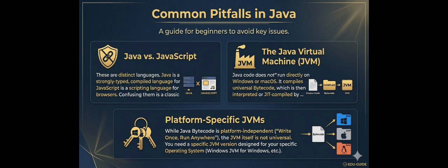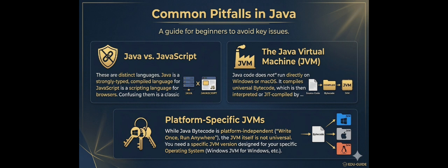Java is a statically typed compiled language used for backend and mobile systems, while JavaScript is a dynamically typed scripting language primarily used for web browsers. Then middleware layer issues. Beginners believe Java code interacts directly with and runs natively on Windows or other desktop operating systems, but that's not true.